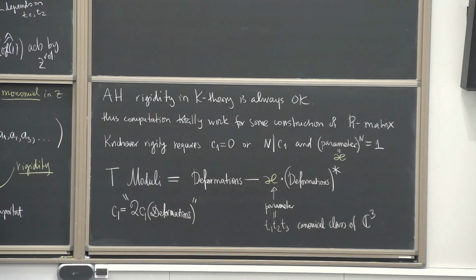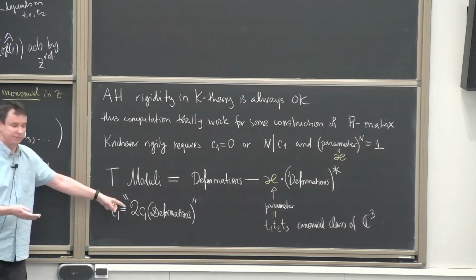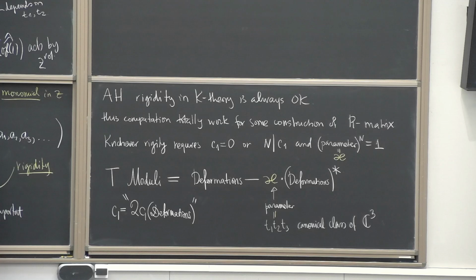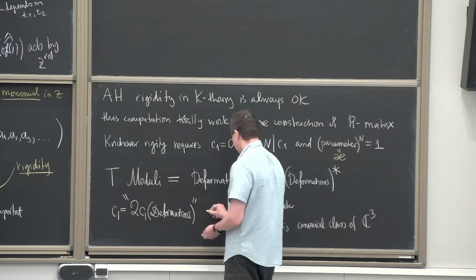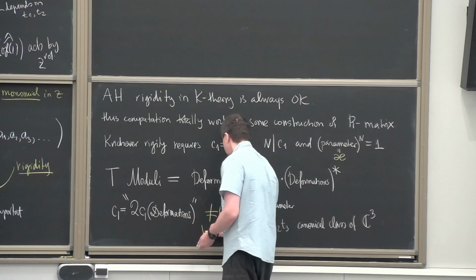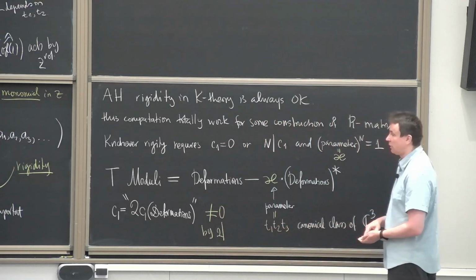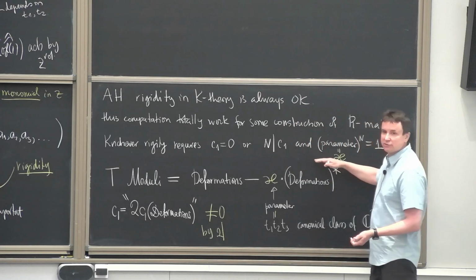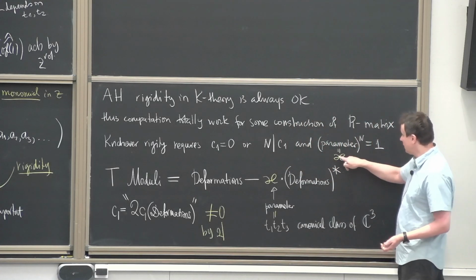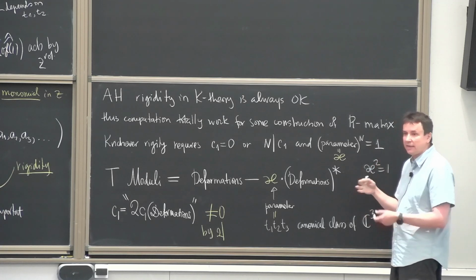And with Nikita, we actually proved that this is not defined. This bundle does have a square root. And so, in particular, it's not equal to 0, but is divisible by 2. So you can't really do full-fledged Krichever genus for these spaces, but you can have a situation when kappa squared is 1, then you can have this.